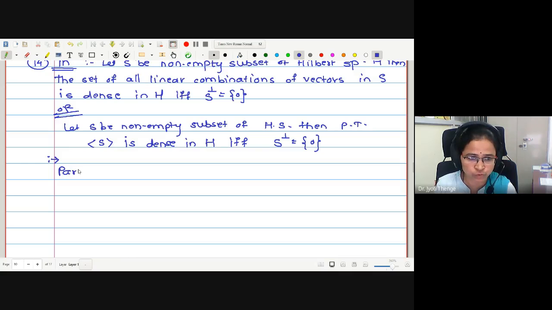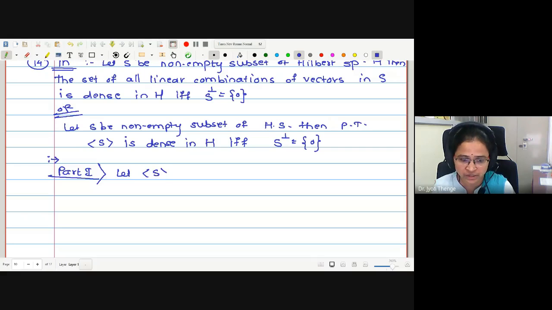Okay, let us prove the result in two parts. In Part 1 we will first assume that the span generated by S is dense in H, and our aim will be to prove S perp is equal to singleton 0.